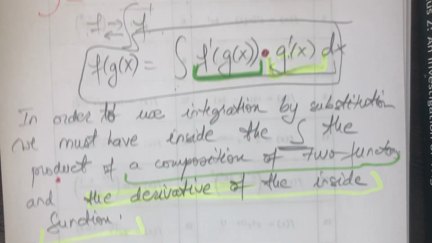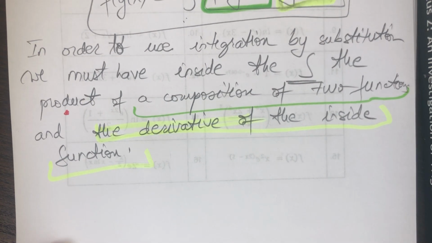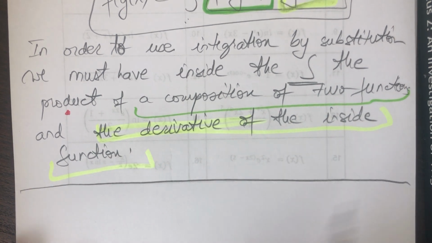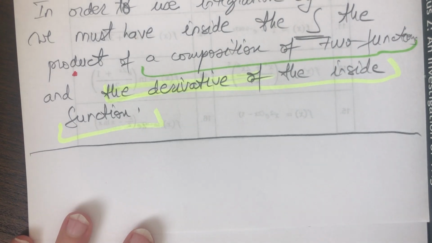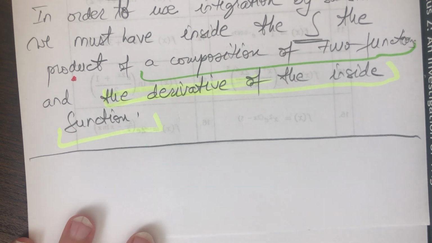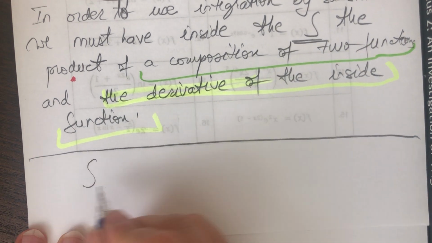So what I want to do is I want to give you some integrals and you will look at them and you will tell me, will we use the integration by substitution for it or not? Here it is. What if I'm asking you to find this integral?